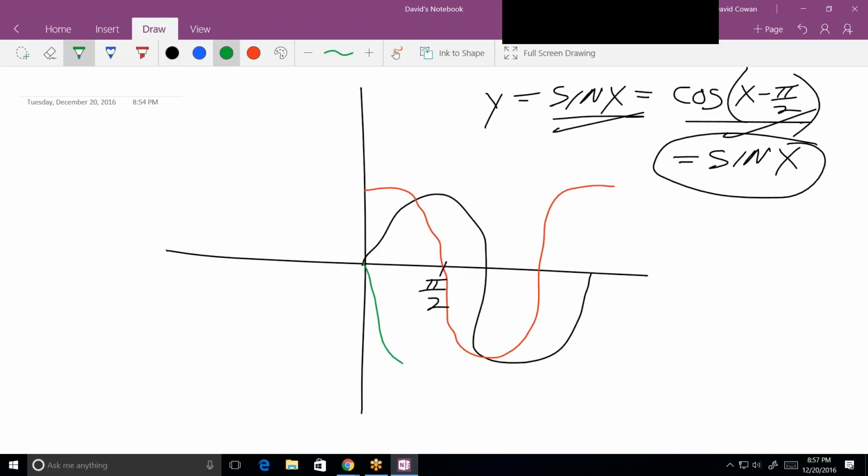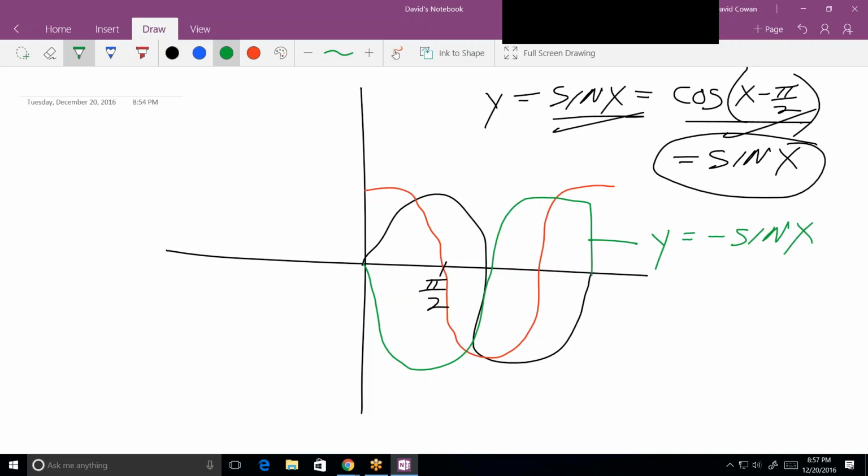Let's say this was my curve. Well, I'm going to call the green. I could talk about that as being a cosine curve that's been shifted, but I never would. That's the negative sine curve.